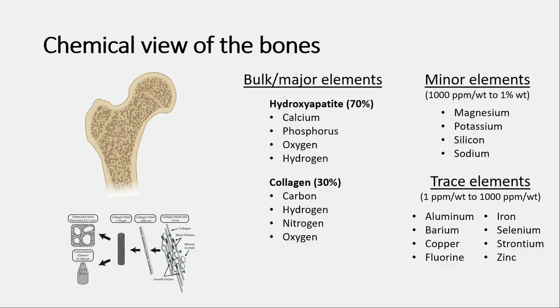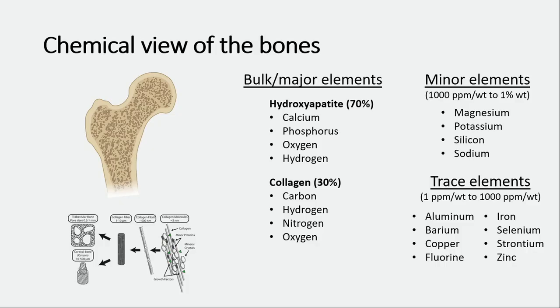But then what makes it very different for each individual, and this is the rationale behind everything, is that the minor elements and the trace elements, which can come from different lifestyle and different medical conditions at the time of death, can give an elemental fingerprint to each individual. It could be tiny differences, but maybe we can catch that. So that's the idea behind it.